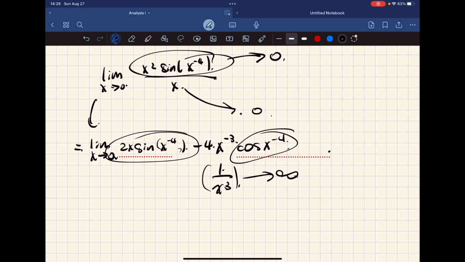It's just that this oscillating function does not control this function which goes to infinity. What ends up is that this entire thing does not tend to anything. It's just a function that's jumping up and down with larger and larger magnitude.